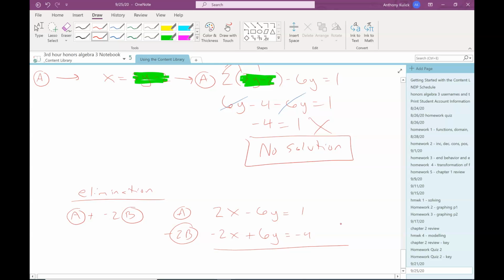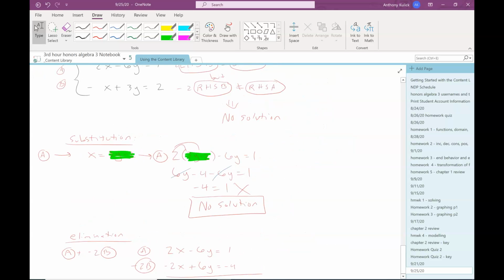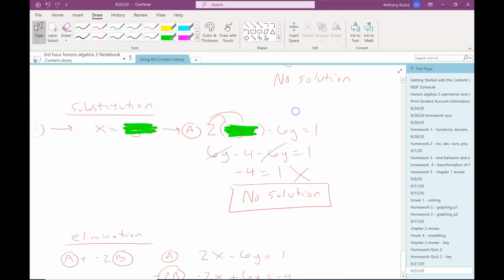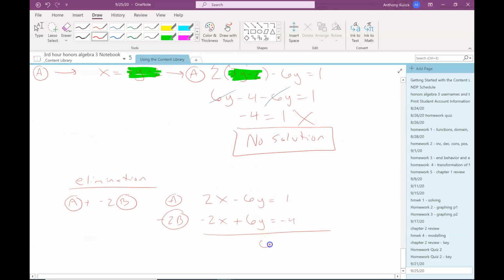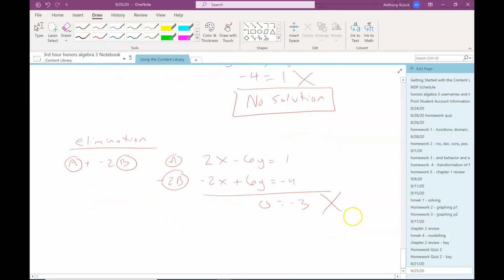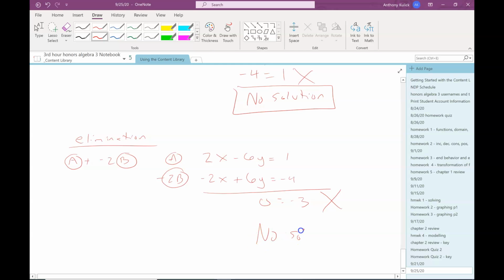Oh, sorry. Yeah, -4, right? So when we add down, we get 0 equals -3. And that's a bunch of hot garbage, right? Again, that's not true. So we can conclude no solution.